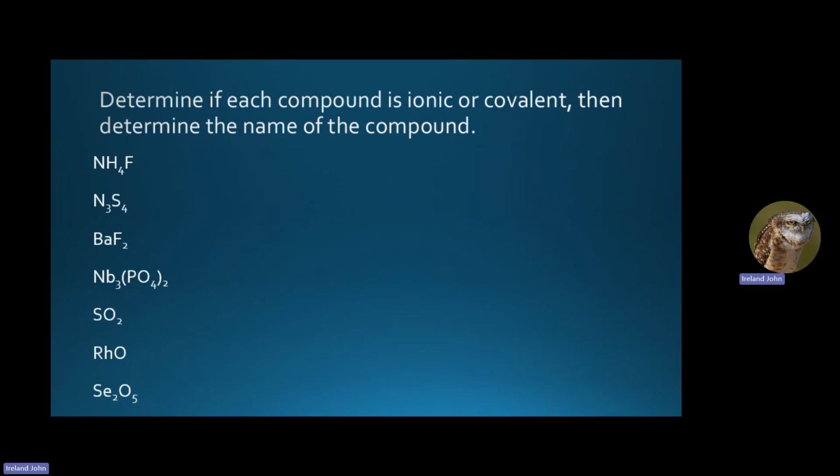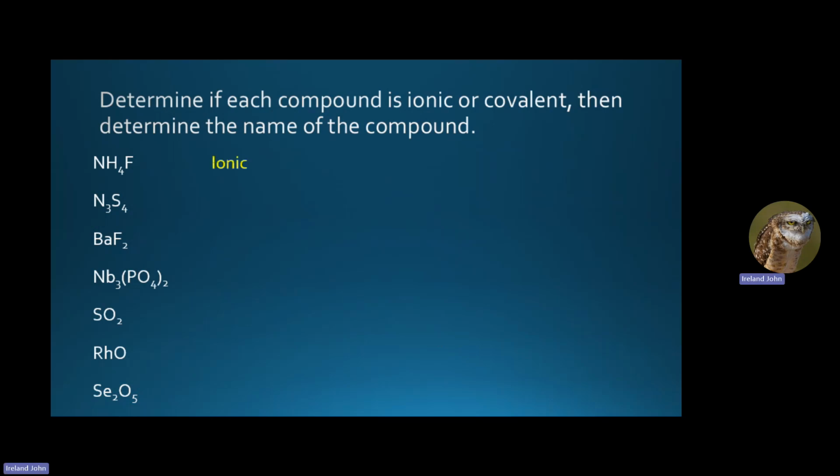Remember, there's one polyatomic cation, right? What was the one polyatomic cation we had? Ammonium, NH4, right? So this is an ionic compound because it contains the polyatomic cation and an anion.